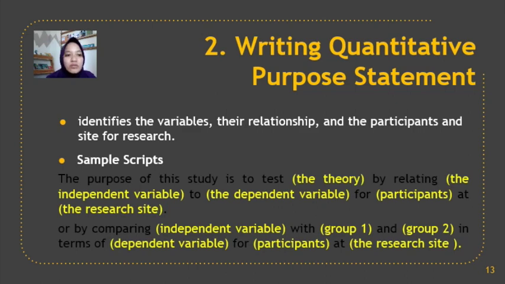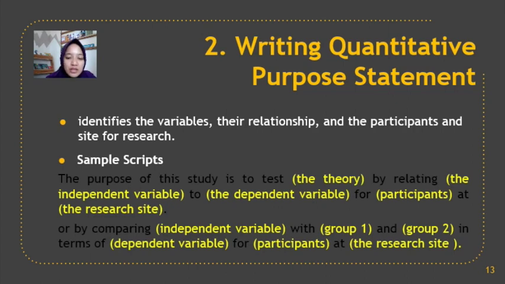And the second one, when we write our research, we have to write the purpose statement. In the books, there are sample scripts that we can use to fill in and become our purpose statement, of course.